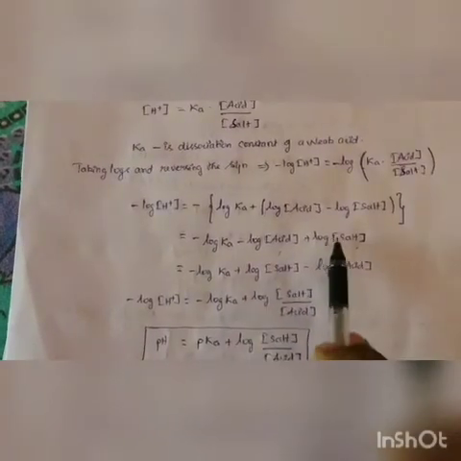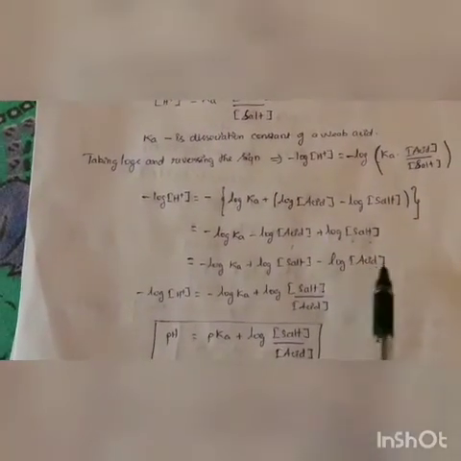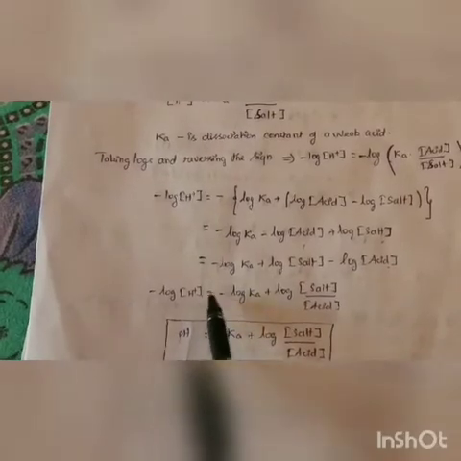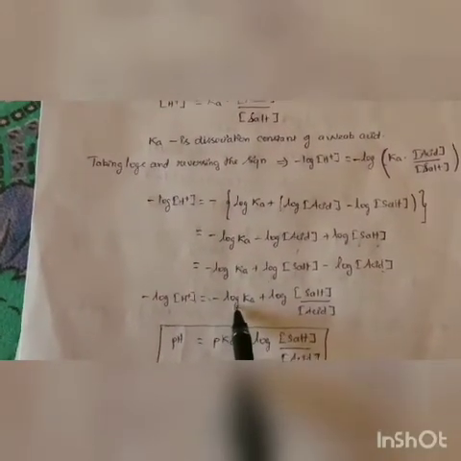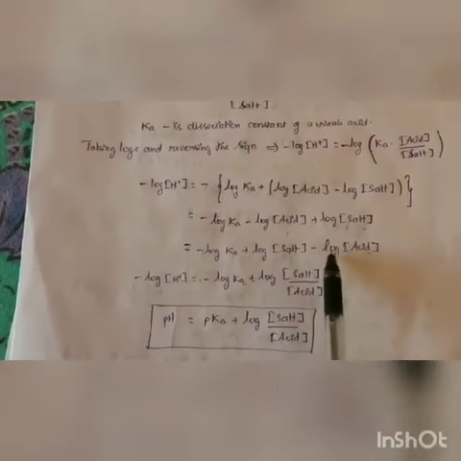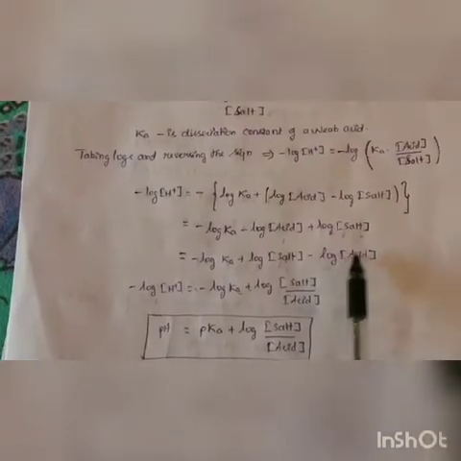So if we rearrange, minus log Ka plus log salt minus log of concentration of acid. So minus log H plus concentration is equal to minus log Ka plus log of concentration of salt, and taking the common log, the minus becomes a division by the concentration of acid.